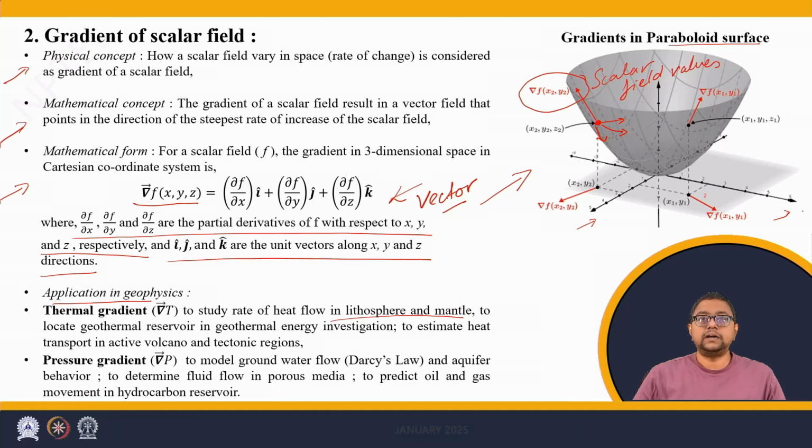Now recall that Earth's interior is made up of various layers.